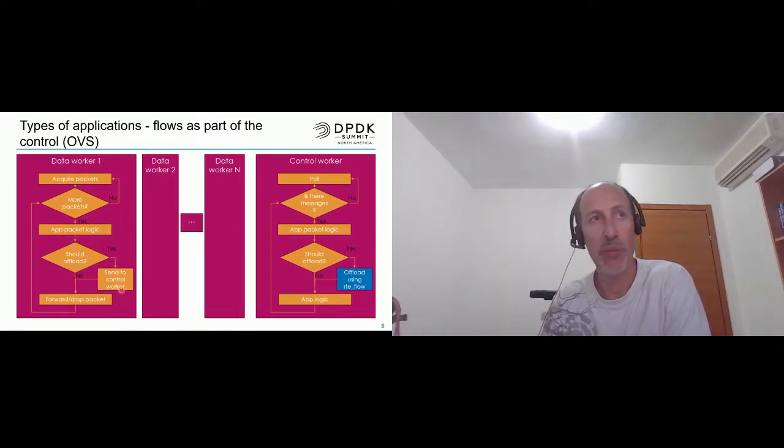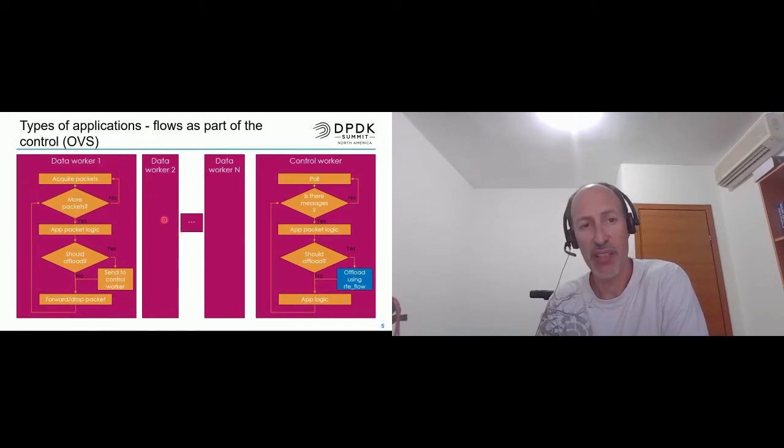It sends it to a message queue, and then forwards or drops the packet, whatever the logic is. So we have the data workers that are part of the data path, and then we have at least one control worker which runs on a dedicated core, polls the message queue, runs some application logic, and if it decides to offload the flow, then it calls the RTE flow.